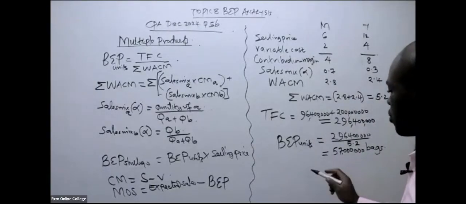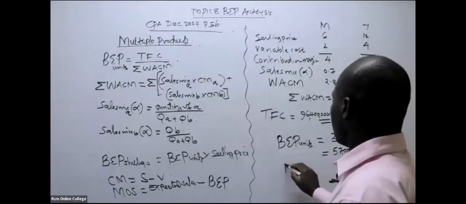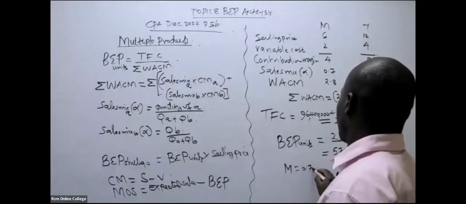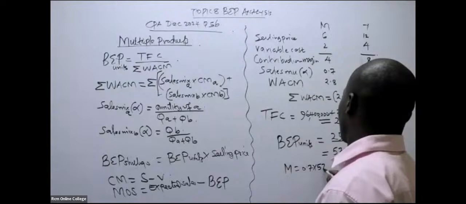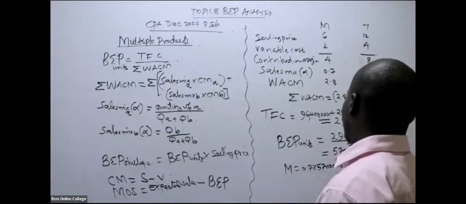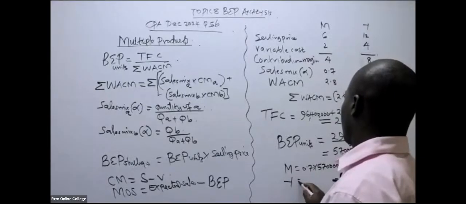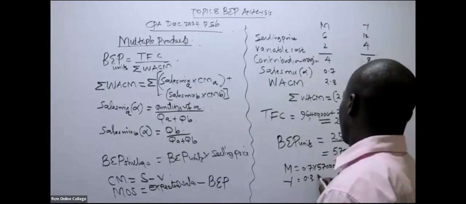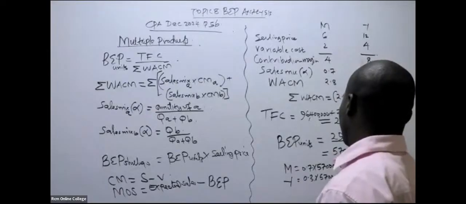So for product M, it will be 0.7 multiplied by 57 million. Then product Y, it will be 0.3 times 57 million. So what are we getting?